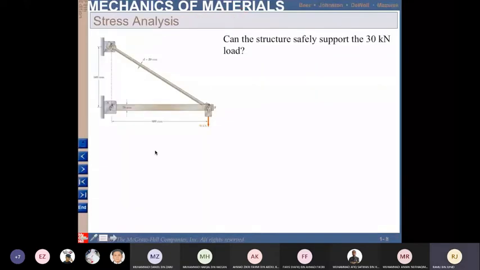So you already got that FAB equals 40 and FBC equals 50. The question asks you: can the structure safely support the 30 kilonewton load, given the dimension of the rod is 20 and the beam thickness is 50?